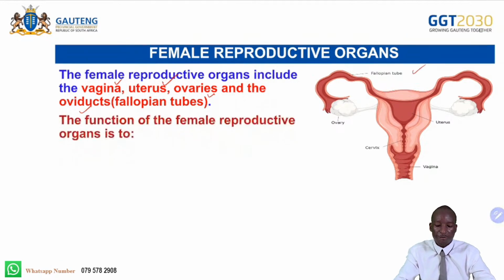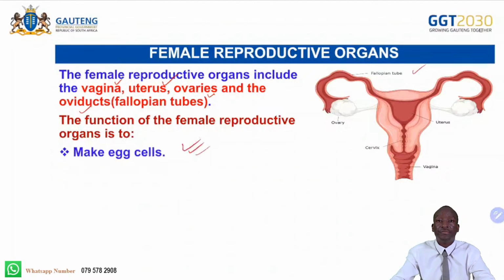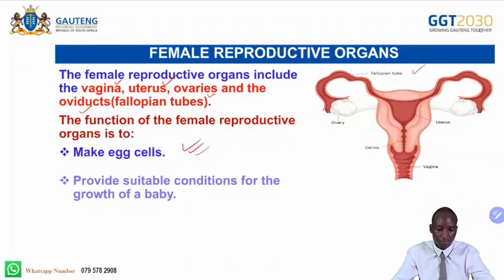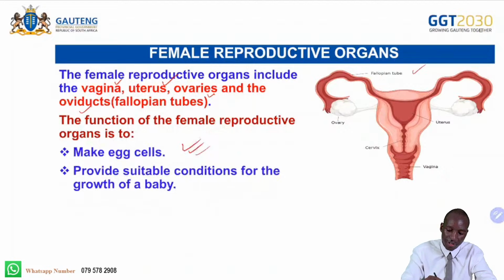The function of the female reproductive system is to make egg cells. What else? To provide suitable conditions for the growth of a baby. Remember, only females get pregnant.